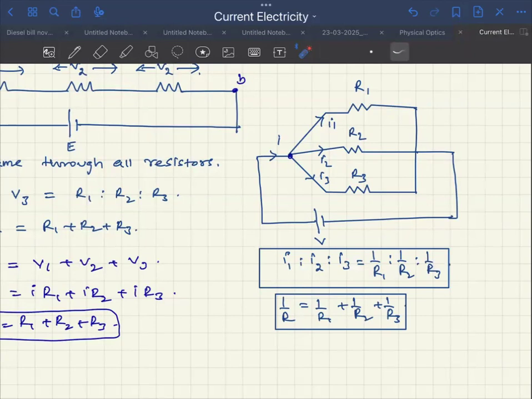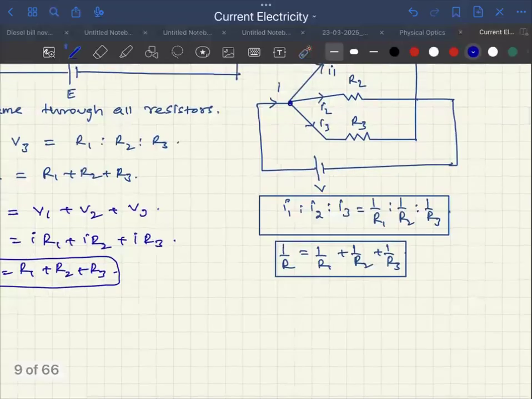Now what is going to happen? You said potential difference is the same. I into R is a constant. Means I1 is to I2 is to I3 is 1 by R1 is to 1 by R2 is to 1 by R3. So therefore, I can write the current as I1 plus I2 plus I3. Don't ask how. Because whatever current enters is channelized into 3 tracks. If we add all, it should be the same as I. Law of conservation of charge. Right.